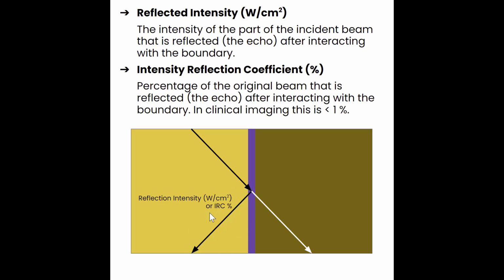Another way to look at the intensity that is reflected back in the reflection wave is something called intensity reflection coefficient. And basically that is just saying what percent of the main beam or the incident beam has now transferred into the reflection beam. Just so happens that in clinical imaging, most of the time, this is very little, typically less than 1%.